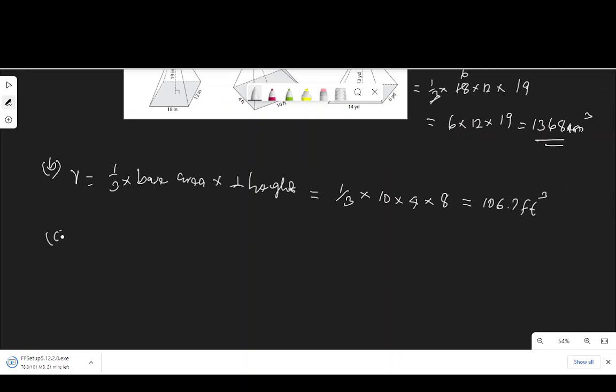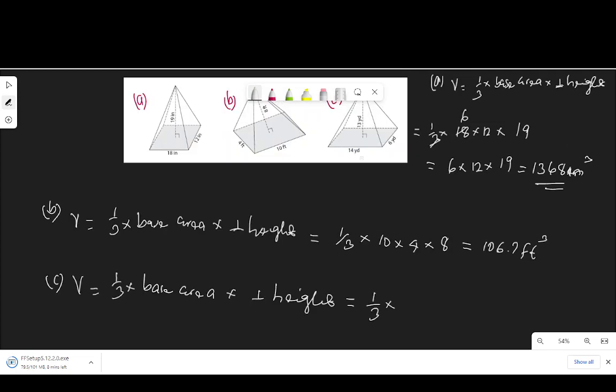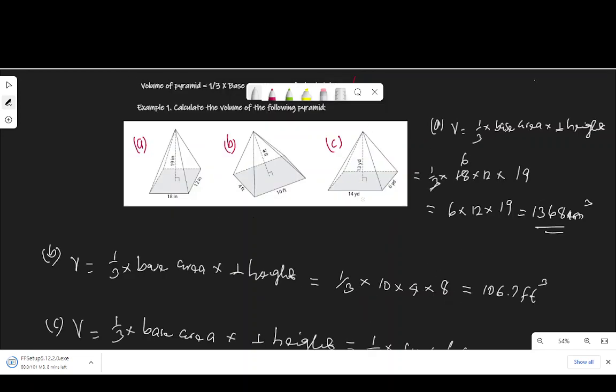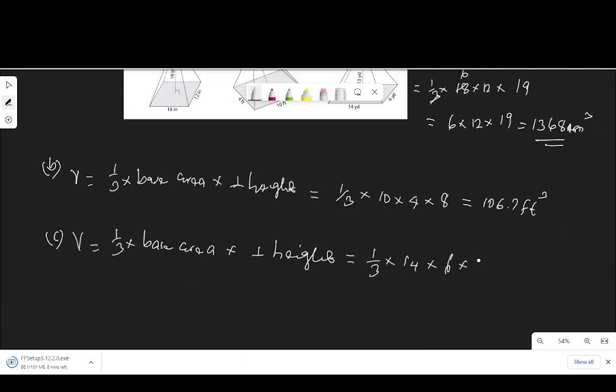And C, which is the last one for the example, is again 1/3 multiplied by the base area multiplied by perpendicular height. That will be 1/3 times the base, again a rectangle, and the length of the rectangle is 14 yards, times the breadth, which is 6 yards, times the perpendicular height of the pyramid, which is 13 yards. 3 here 1, 3 here 2.